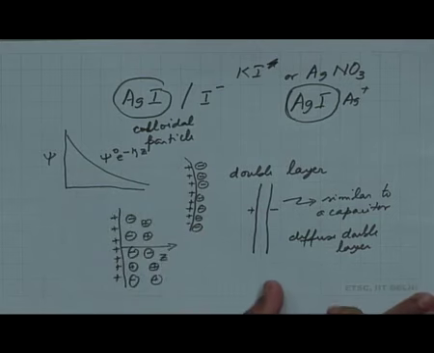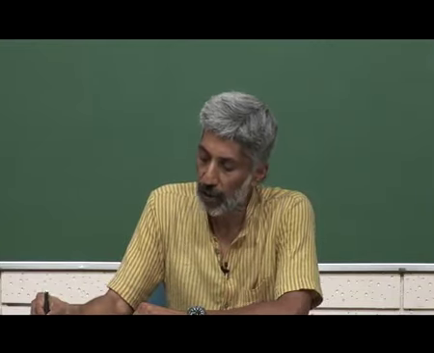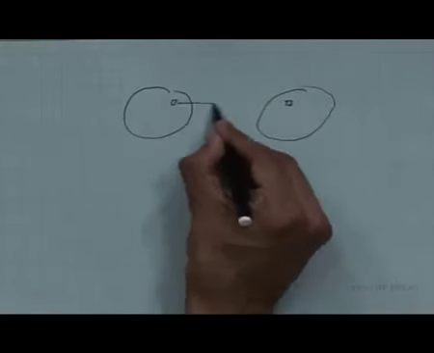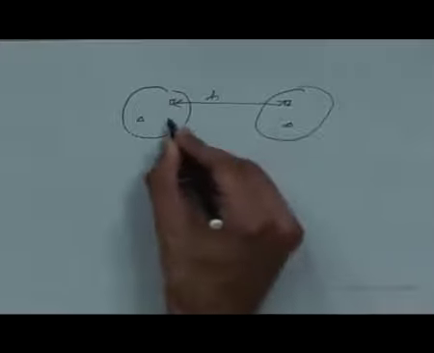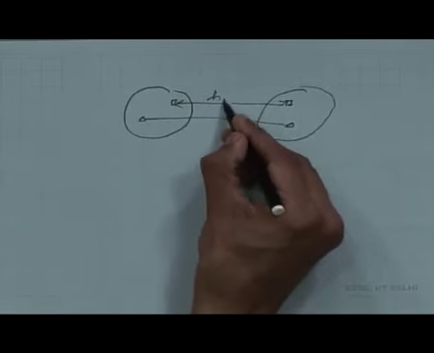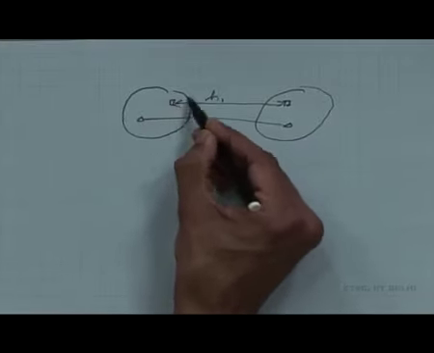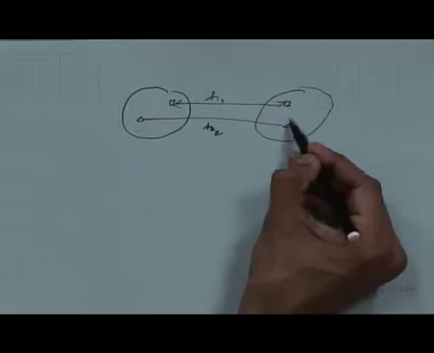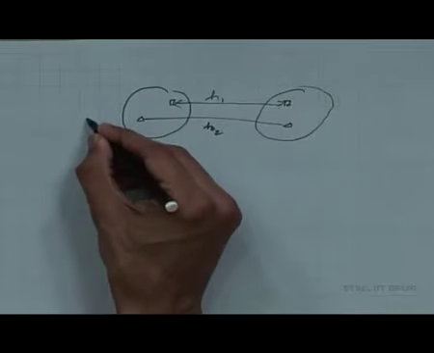So, if you looked at the consideration of what is the potential that exists in this case, I have two colloidal particles in general of arbitrary shape, and there is a charged species here interacting with this charged species here, call this distance h, and everywhere I have different charged species, and what I have to do is do a summation of all the possible electrostatic interactions of these charged objects on one colloidal particle with the interaction with the charged particles on the other colloidal particle, and that is exactly what I would need to do, and this would give me the attractive force.